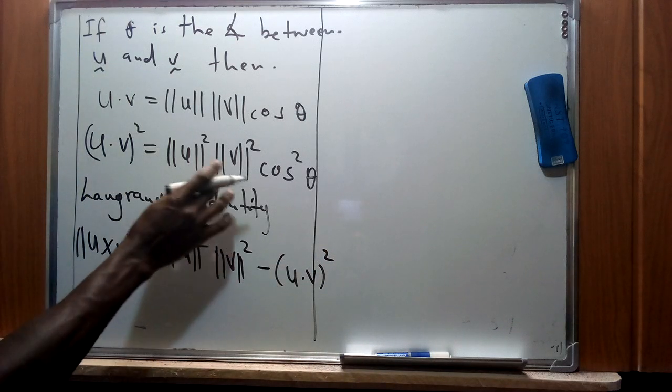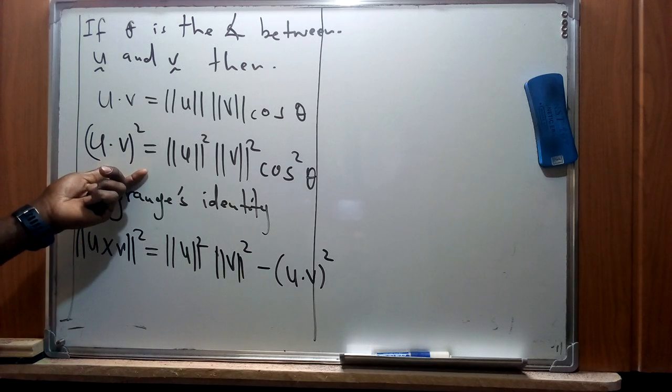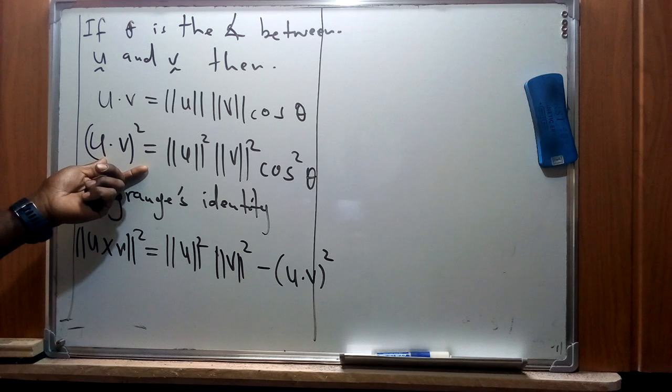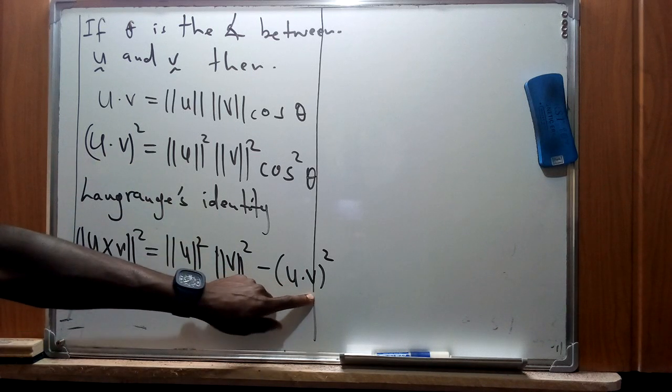If we look at the relationship between these two specific identities, this first one for finding the dot product of two vectors can be represented as this.